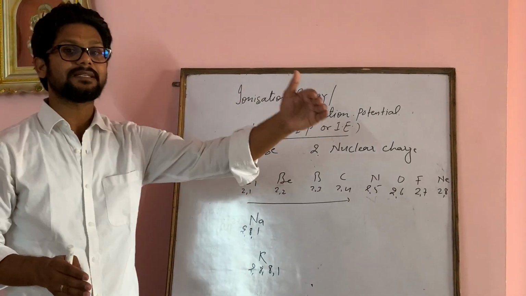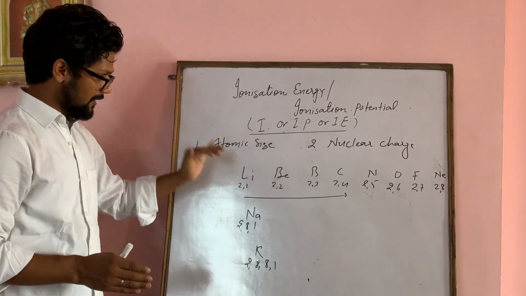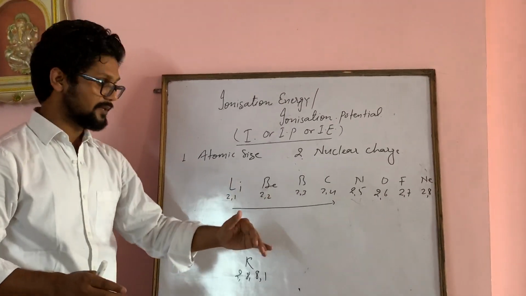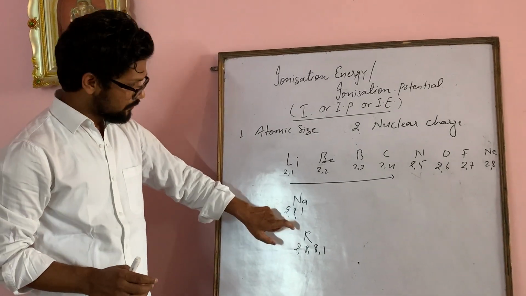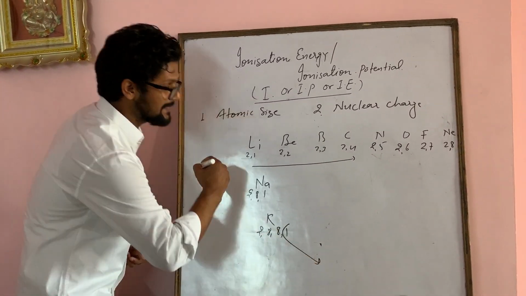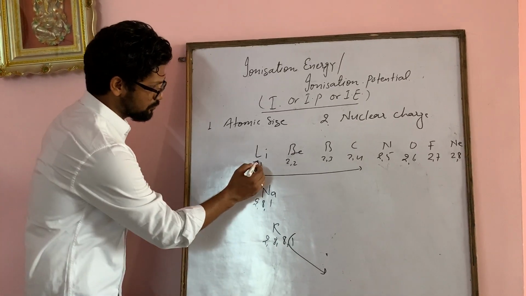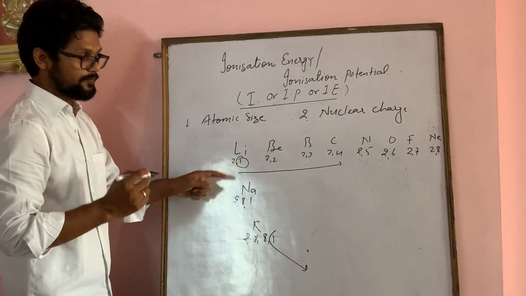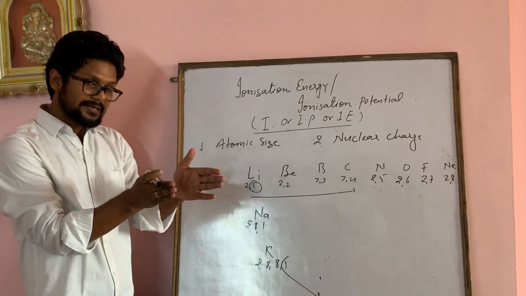As the number of shells increases, it means the radius increases, atomic size increases. If atomic size increases, it means the force of attraction will be less. If the force of attraction is less, then this valence electron is easily removed, meaning we need less energy as compared to removing this electron, because here the size is small in the case of lithium, so the attraction is more.